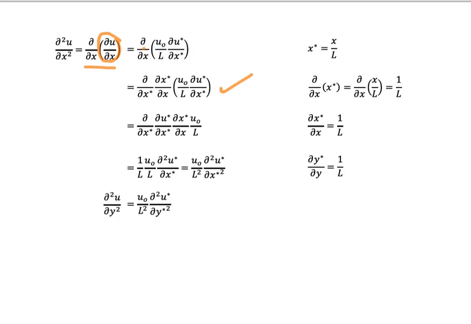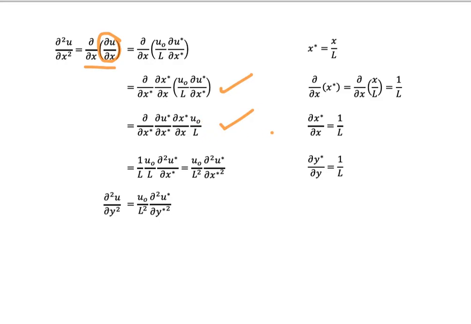We need to differentiate this, del over del x. So we just write del x star times del x star over del x, which means now we could cancel the del x here. Then we rearrange this term into this one. So now we have del u star over del x star, and then del x star over del x, and then we have u naught over l.